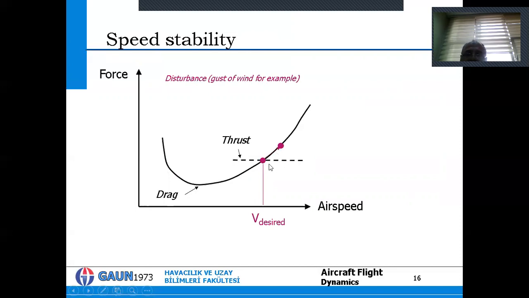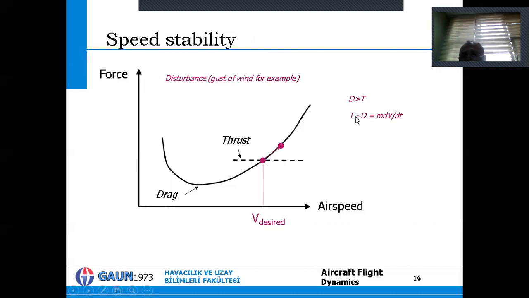So what does it mean? Maybe the speed will increase or decrease. I can discuss the two cases. Let us discuss the case where the speed increases. So from this curve, look, the drag here is bigger than thrust.